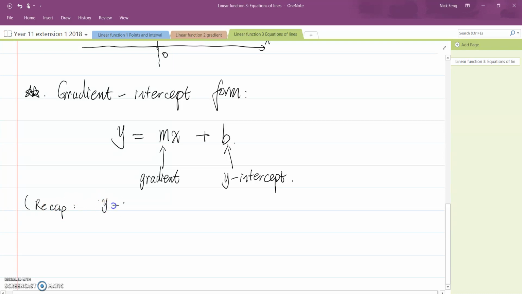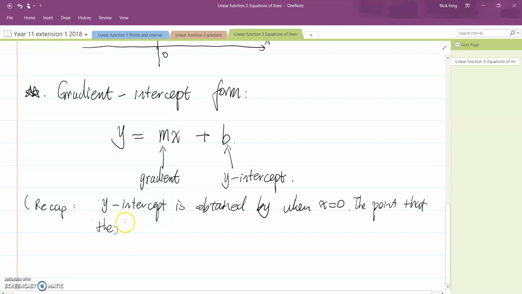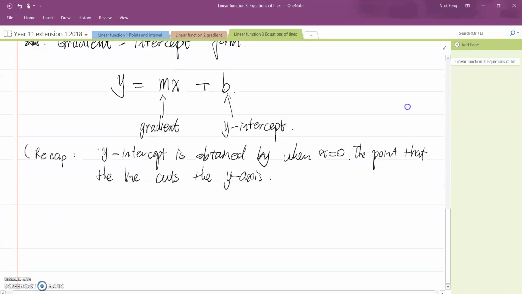The y-intercept is obtained when x equals 0. In other words, it is the point where the line cuts the y-axis. Remember, on the y-axis, all the x coordinates are 0. Therefore, we let x equal 0.